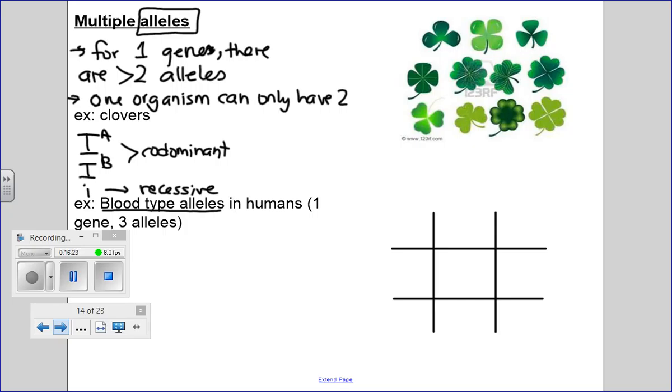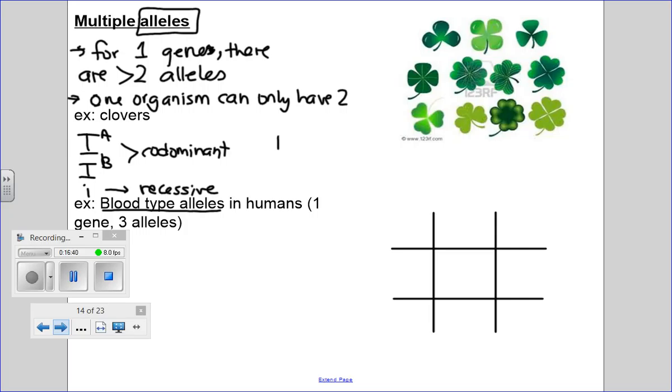Now, human blood types always show up in multiple allele questions. I would say it is the most popular thing to ask genetics questions about because it's about humans, it's well studied, and there's lots of different things that you could ask.